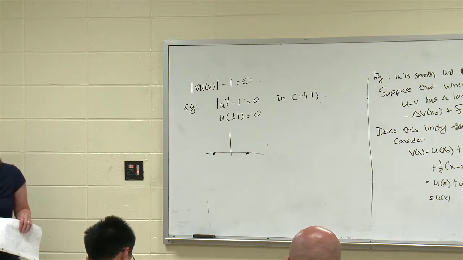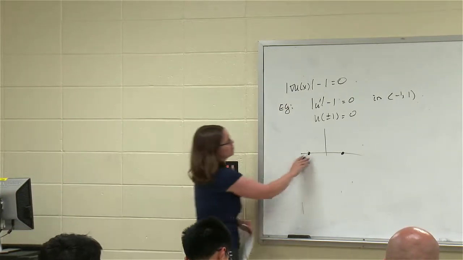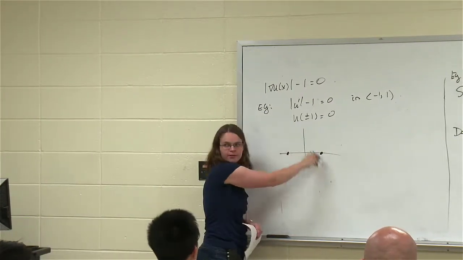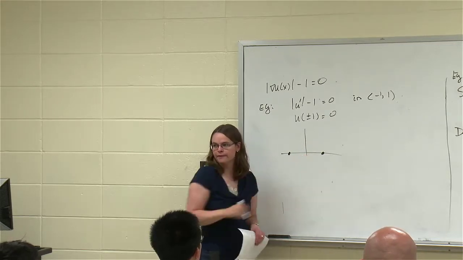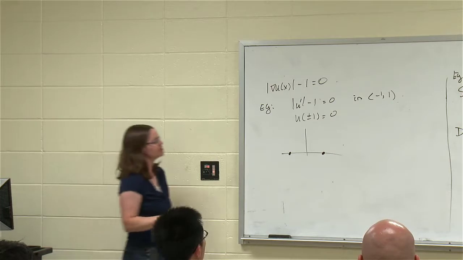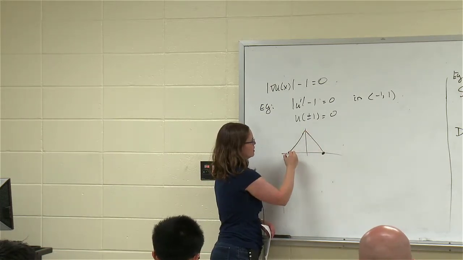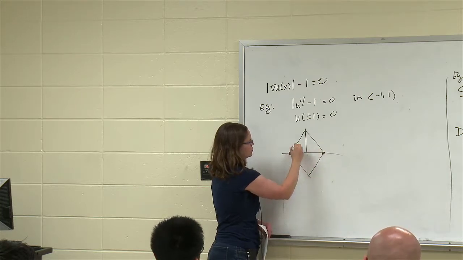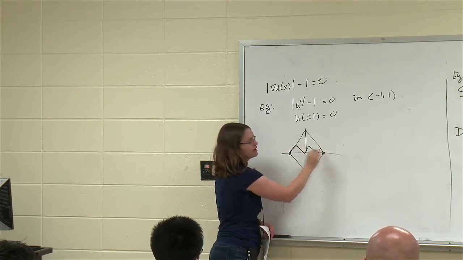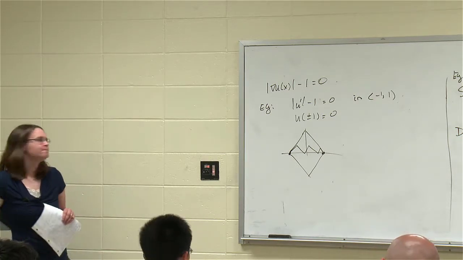There's no way to write down a smooth solution of this, right? If this goes up with slope 1, at some point it's got to turn around and come back down with slope 1. And you can't do that in a smooth way. There's going to be a corner, and there's lots of ways to write things that have corners. I could do this, I could just go zigzag, zigzag, zigzag. And you need a concept of a weak solution.